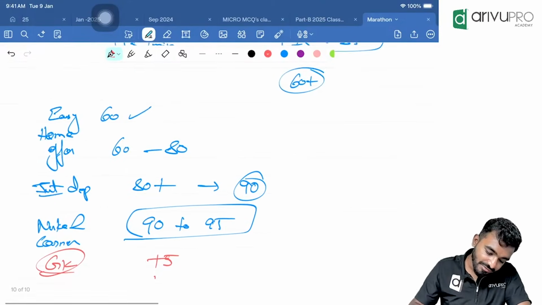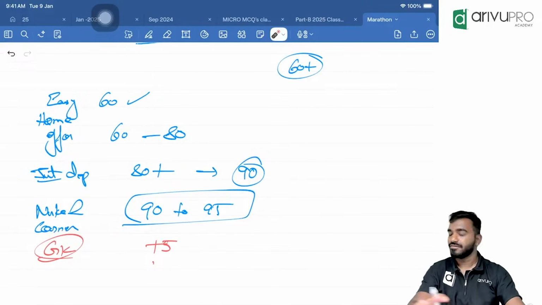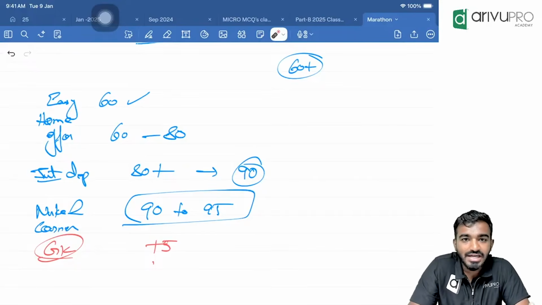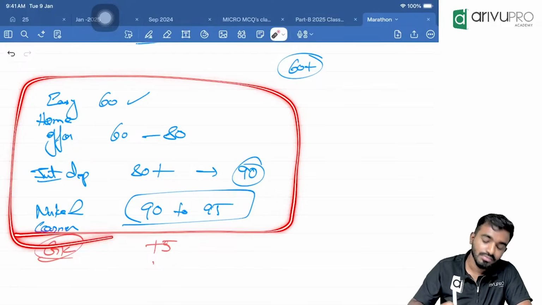So 95, yes, possibilities are there. 95 and above, definitely 1% of luck will work there. Till 95, I will never speak about luck. Only 95 and above, I will speak about that 1% of luck also mattering there. Whatever GK questions you have studied, the same questions appear there, and you could crack it. So some 5 questions will always be from nook and corner, GK, some or the other thing, a bouncer will be there. So 95 is definitely in your control.